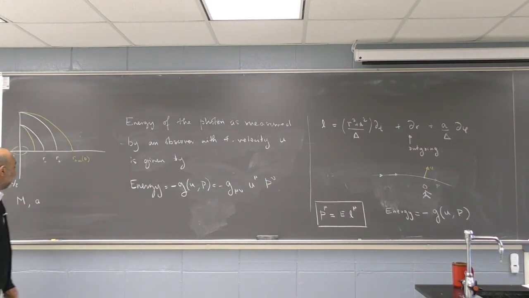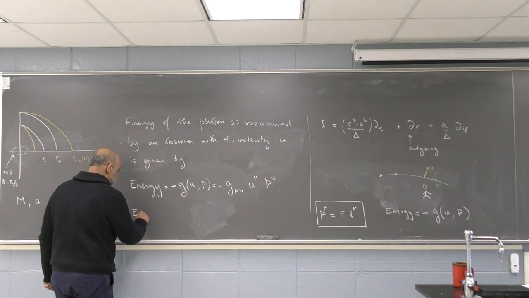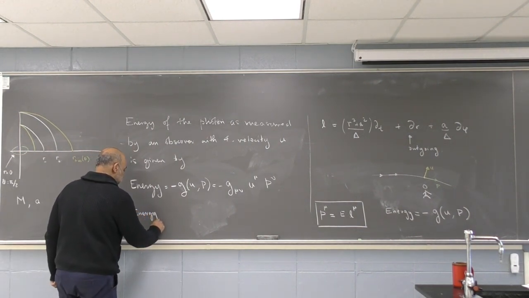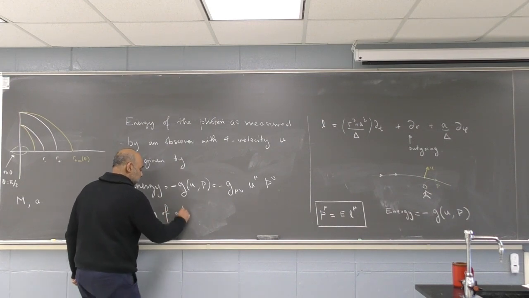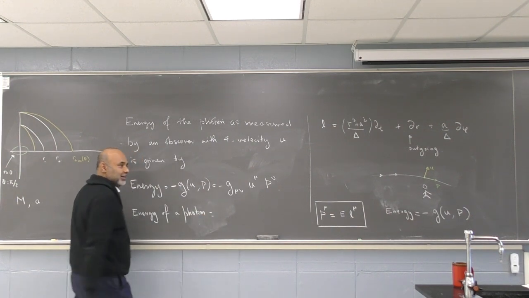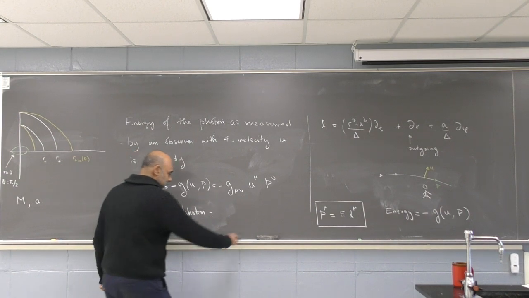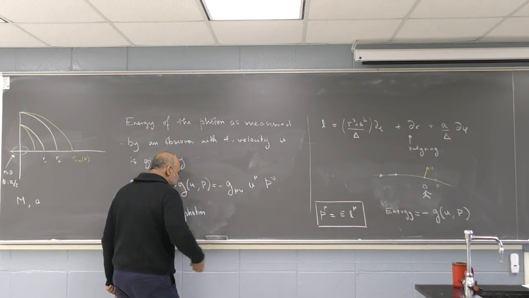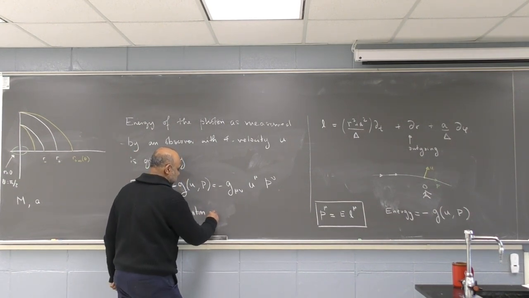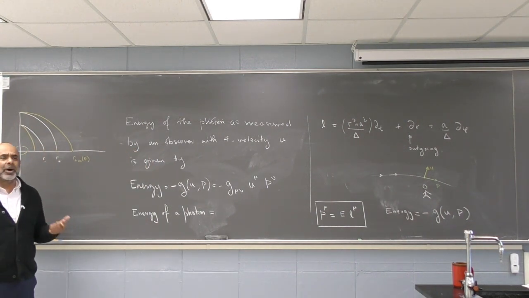Fine. And I couldn't think of a better way of presenting this, but you should also know that the energy of a photon, I'm presenting it using a little bit of quantum mechanics, guys. This is not a course in quantum mechanics, but you know this from modern physics.